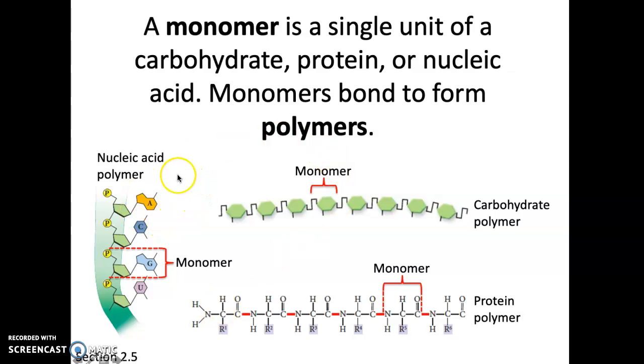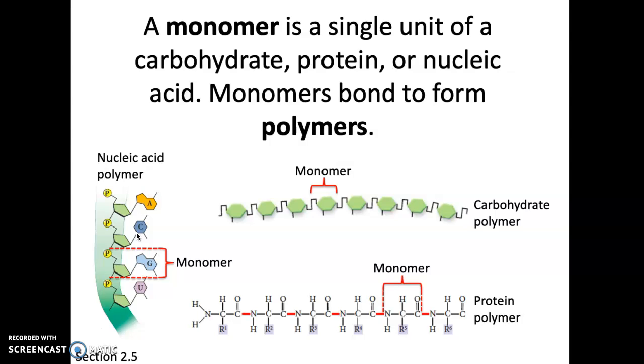So that could be a carbohydrate one, a polymer. It could be a protein polymer. It could be in DNA. It could be a nucleic acid polymer. It depends. But all of them, what they're going to have is a basic unit size bead. Think of it as a necklace.